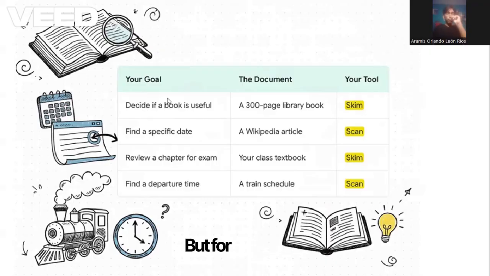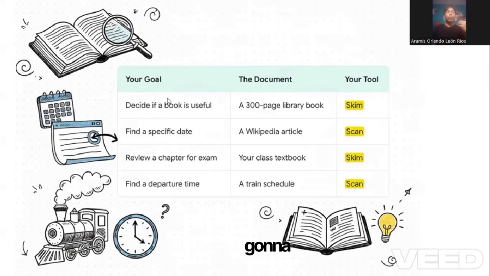But for example, if the professor says that the exam is going to have one specific topic, in this case we can apply scanning. Why? Because we're looking for a specific topic and a specific keyword to start to emphasize that topic.